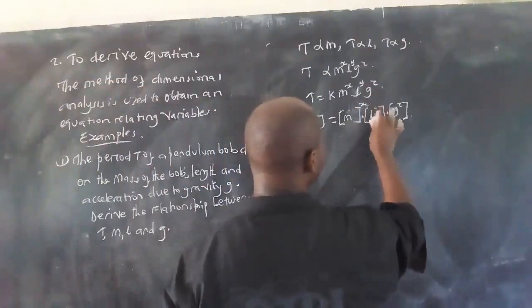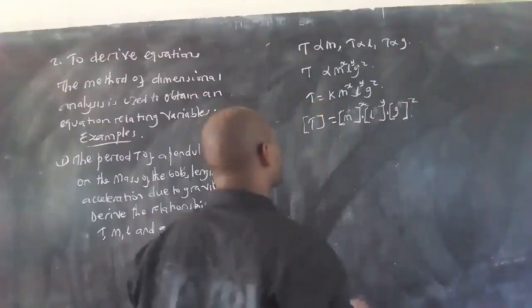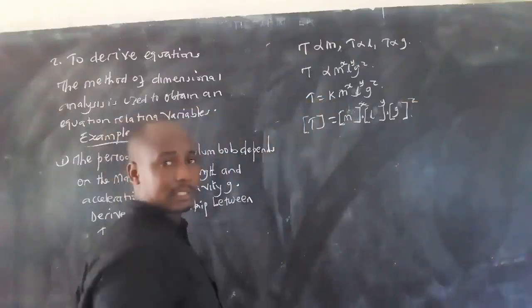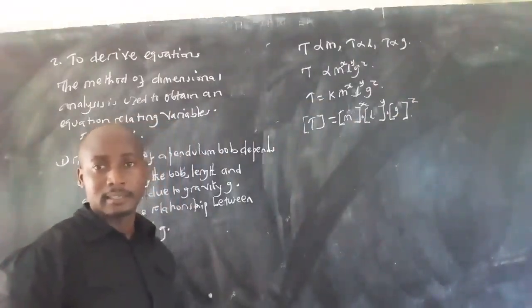X is not part of the dimensions, Y is here, Z is here. So this is period. Period is time.